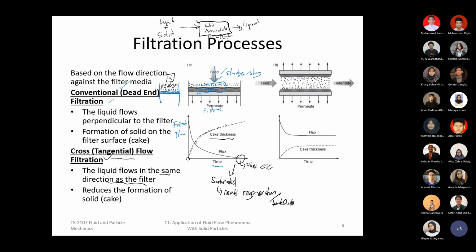See the illustration over here. Now we have a feed over here, that's a liquid, and maybe I'll try to make it consistent. So that's the filter. Then I have a liquid plus solid.